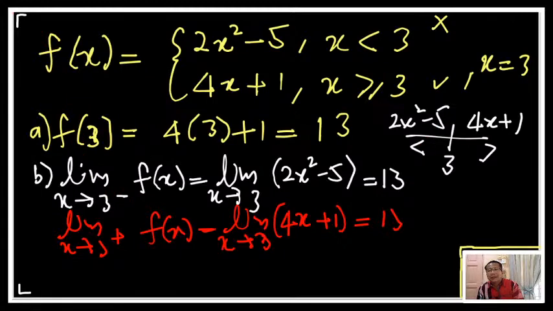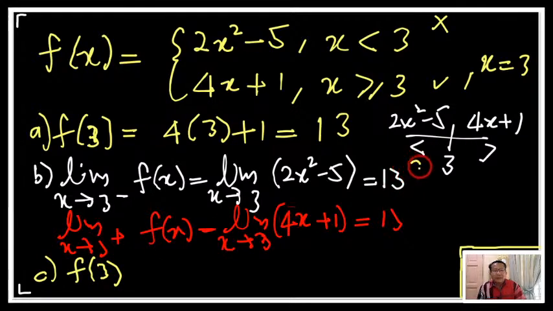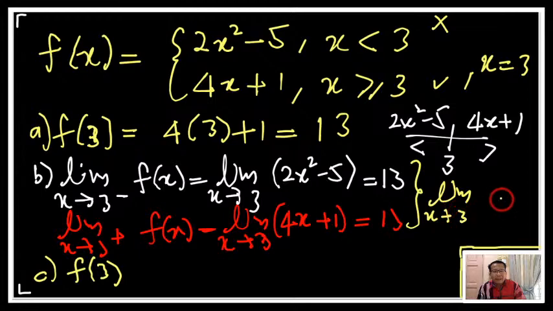So C, f(3) was 13, and the limit as x approaches 3 of f(x) is equal to 13. It's from the definition. If you have 13 here and 12 there, this one does not exist. They should be equal. With both equal, the limit at 3 has no plus or minus sign.